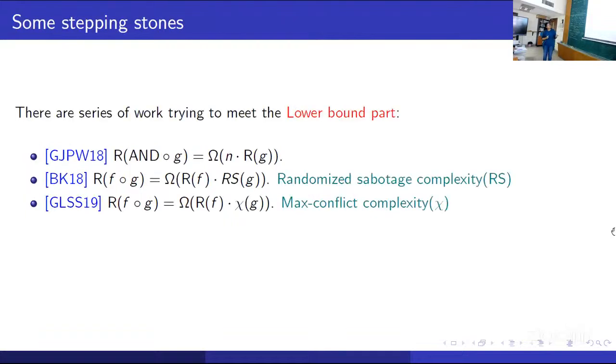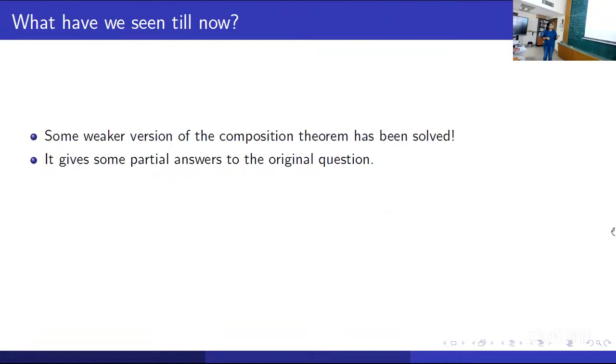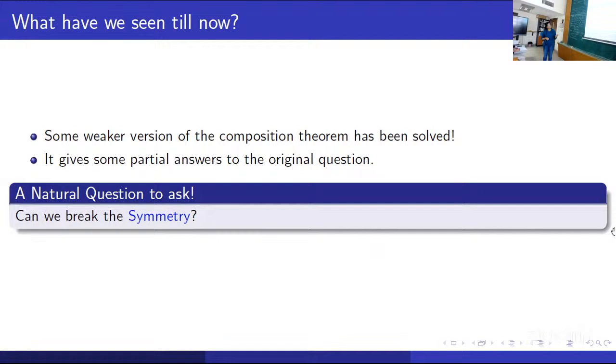There are various studies here, and the flavor of the results is in approximate degree, introducing some other complexity measures and proving composition theorems. Here I just made this noisy algorithm a different color, because our result is just a better analysis of these results, using which, sorry.